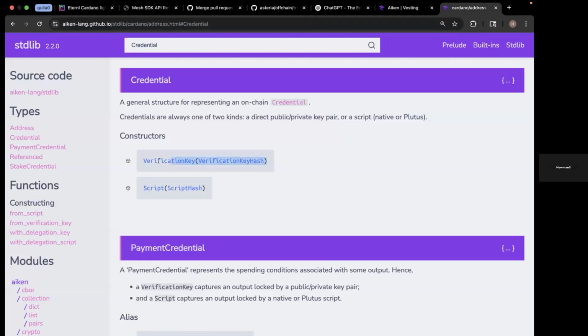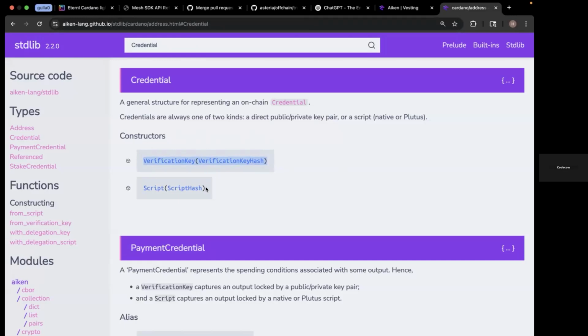And this is a fundamental idea: a wallet is a verification key and a verification key hash, and a script has a script hash. Credentials are kind of like the keys, saying I have control over this. If an individual has control, that means they have the private and public keys, and the verification key hash of that wallet.